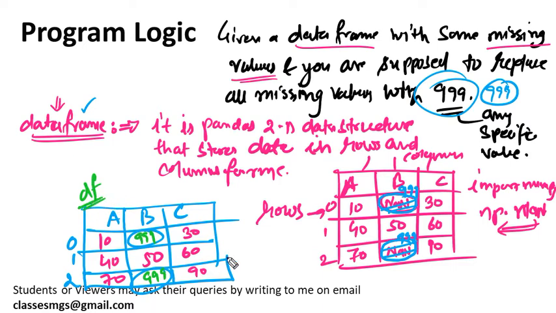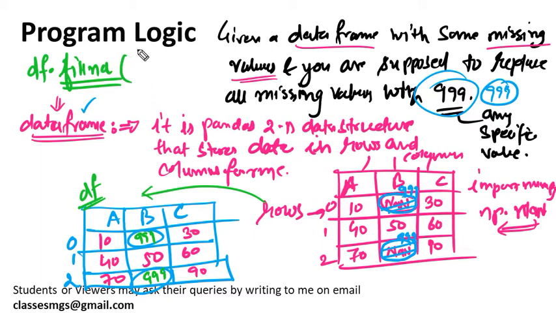Okay, so for this purpose there is a special method available in the data frame, known as fillna. Fillna is a special method that is used to replace all those NaN values with some specific value. You may pass 999 here, or any other value, like 82.